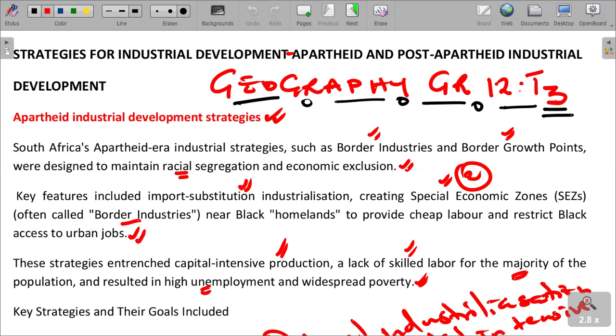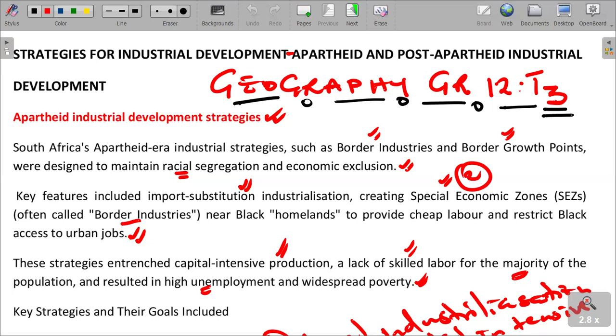During apartheid there was a social class or racial separation, blacks and whites. The key features included import substitution industrialization, creating special economic zones, also called the border industries, near the black homelands, to provide cheap labor and restrict black access to urban jobs.